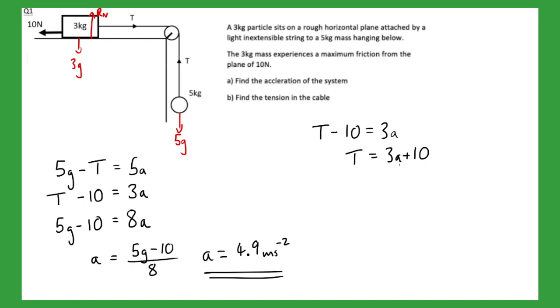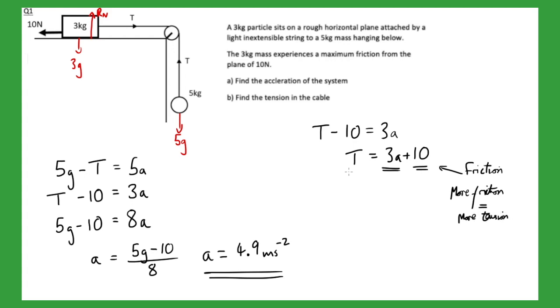It should make sense that we add 10, because in the previous questions where there was no friction, it was just this 3a here. But because we've got this, which is our friction, we are adding to the tension. So more friction, more tension.